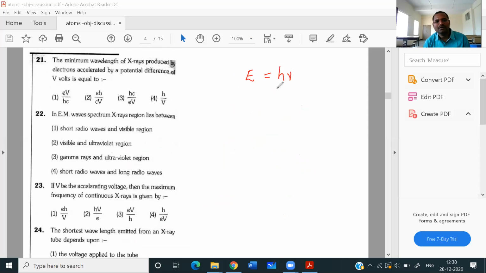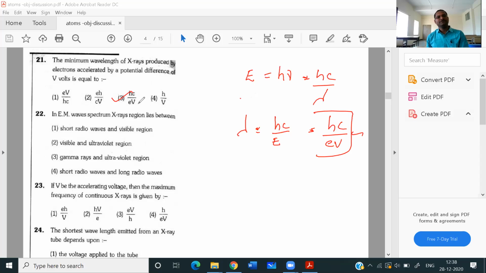Okay? It can be written as hc by lambda. Then lambda is equal to hc by E. And we know E is nothing but electron volt, eV. Yes, hc by eV is the answer. Yes, option 3 is there.